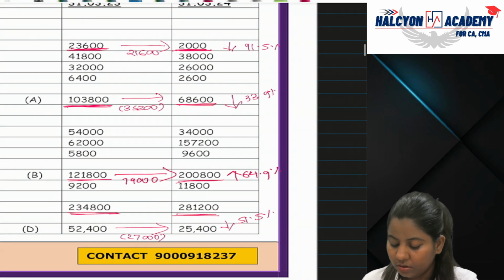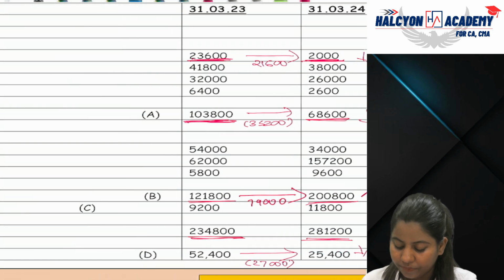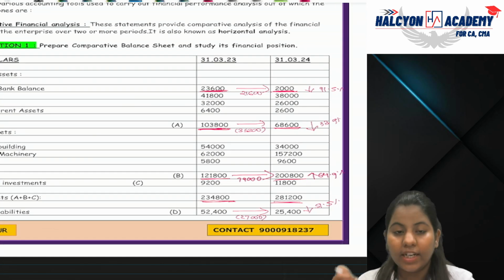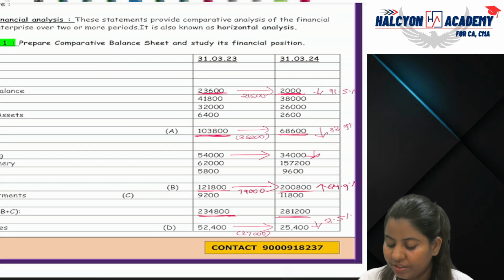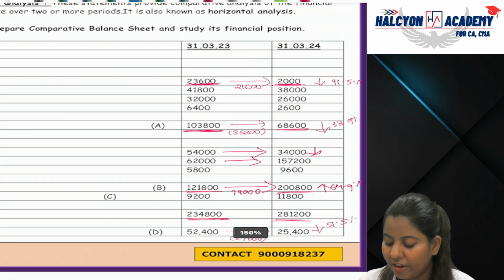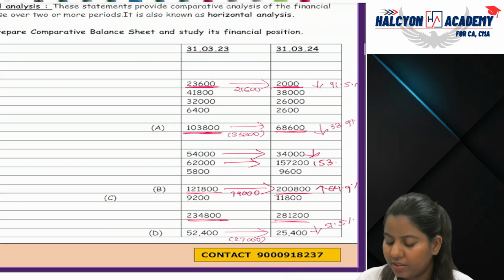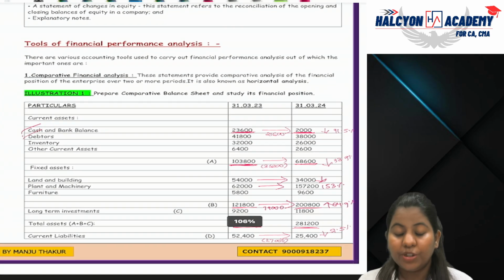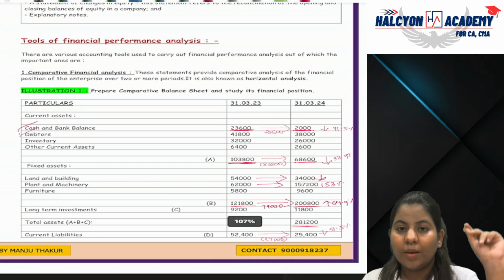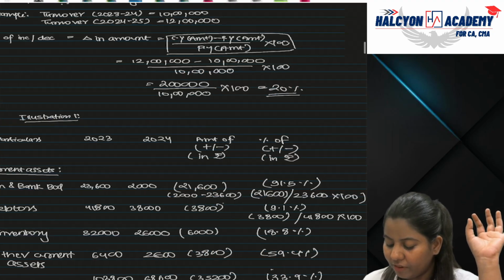You can see that in fixed assets we have land and building. Land and building is decreasing. The plant and machinery is increasing by something like 153%. We have calculated that here.